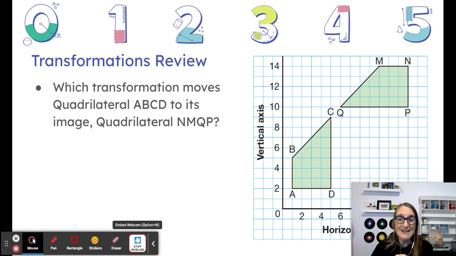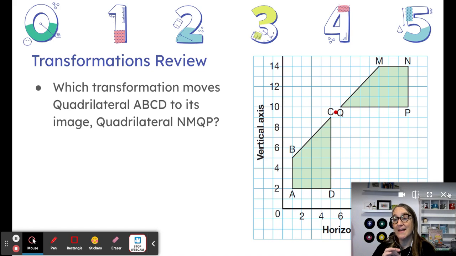But it's really easy to think that this might be a rotation. So I want to try it out and see why that doesn't work. I'm going to try rotating this shape around a point of rotation that is about at 5.5 on the x-axis and 9.5 on the y-axis.